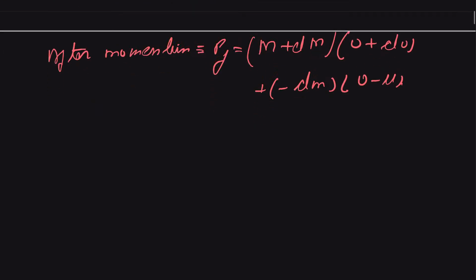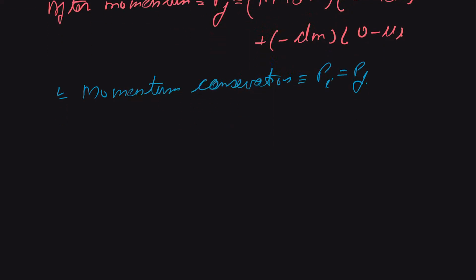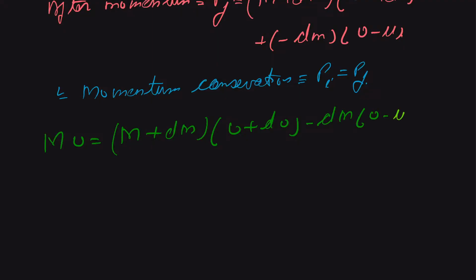A simple conservation of momentum. So we can say our initial is equal to final. So we substitute them, we get our mass into velocity, M v, will be (M plus dm) (v plus dv) minus dm (v minus u).